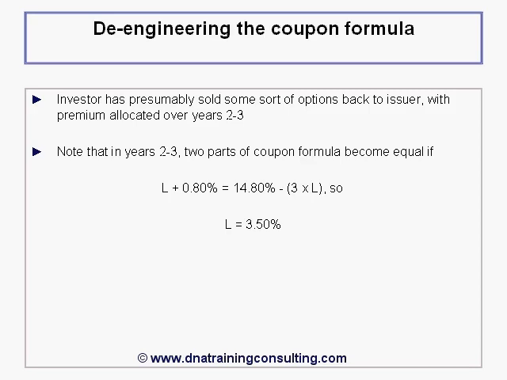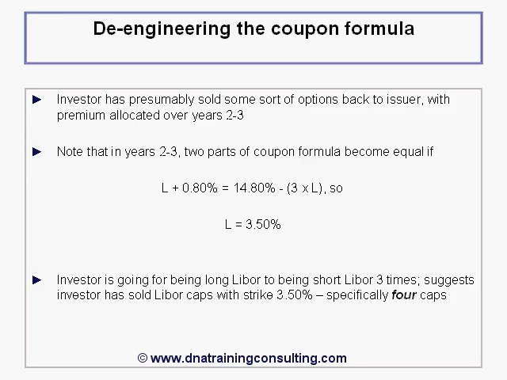At this LIBOR level, it is apparent that the investor goes from being positively exposed to LIBOR to being negatively exposed to 3 times LIBOR, specifically in the sense that her coupon diminishes by 3 basis points for each basis point above 3.5, by which LIBOR appreciates.